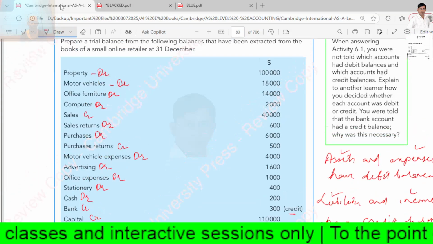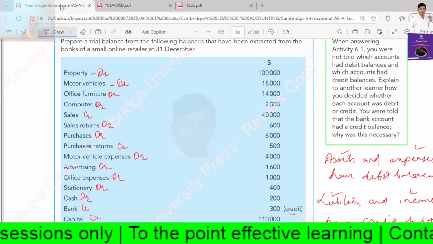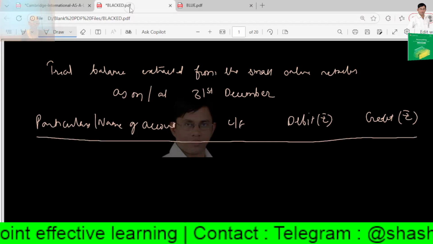Write down all the names of the accounts: property, motor vehicle, office furniture.